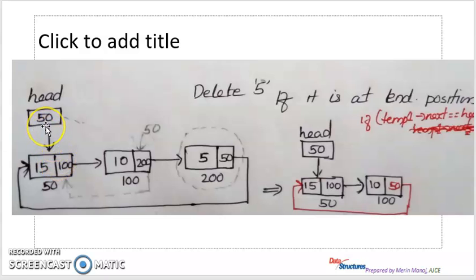What is pointed to by head should be placed here. So if we find the key element is present in the circular linked list, and that node is at the end of the circular linked list, then we have to make these sorts of changes.